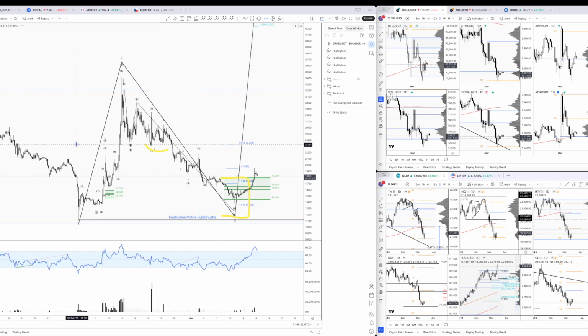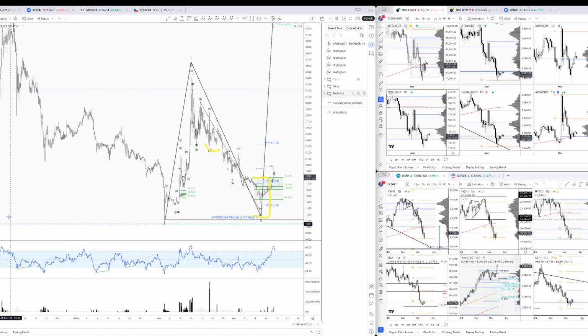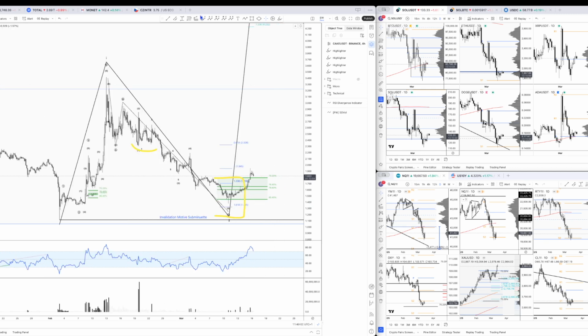Here we have the same situation. We have a 1-2 of much larger degree and a 1-2 nested. So now we look for price to make 5 waves to the upside. If I take a fib extension and I want to estimate where wave 3 of this sub-minuet 1-2 would land, and I look for the 1.618, where does that take us?